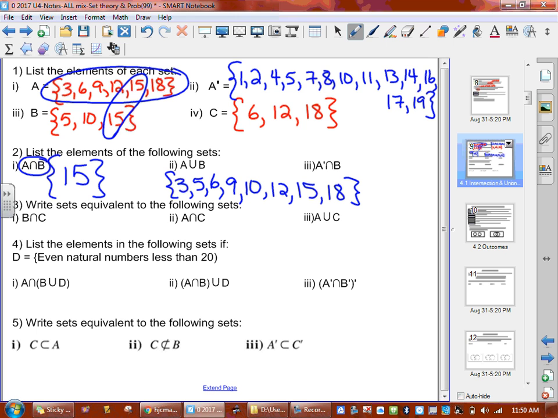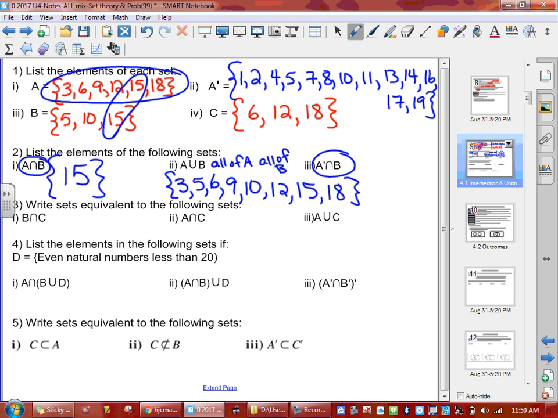Okay? So it's everything from A and B. Because this is the OR symbol. That's what OR means. All of A and all of B.